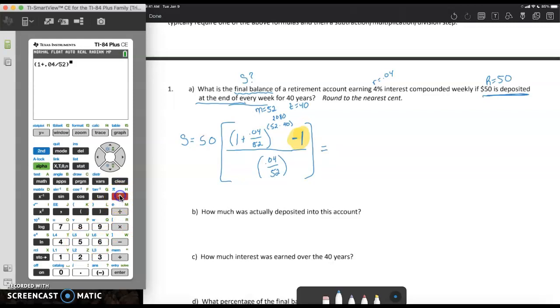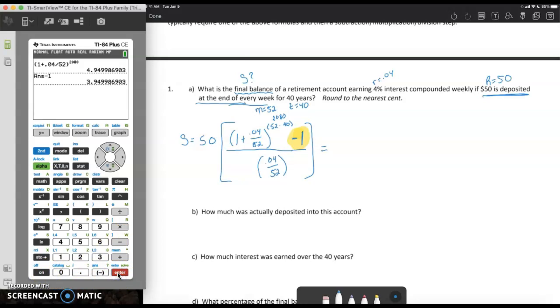Close that up to the 2080 power. And you can tab back down if you want to, or just hit enter at that point. Then I have to remember to subtract 1 from that. So I'm going to subtract 1.